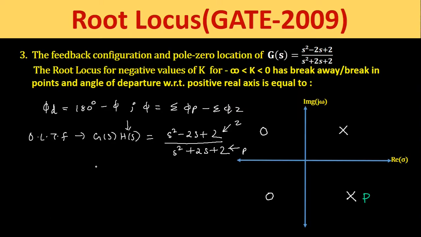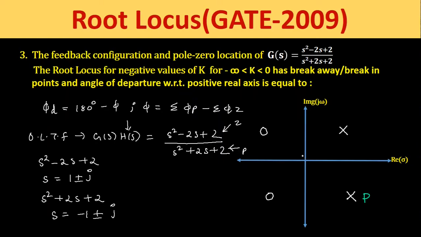So when we solve s² - 2s + 2, we will get roots s = 1 ± j, and when we find the roots of the denominator equation, that is s² + 2s + 2, we will get s = -1 ± j. In the question the pole-zero diagram is also given. So here we have to find the angle of departure with respect to this pole p.